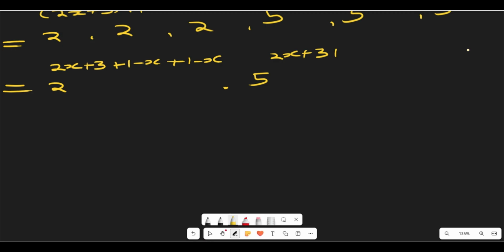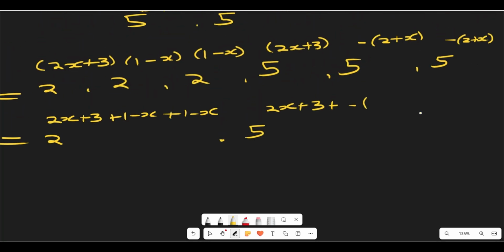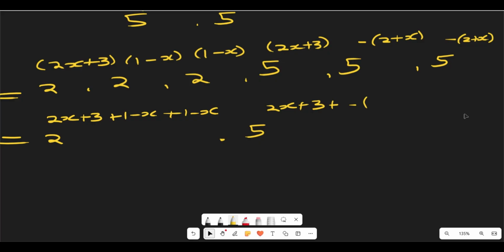Even when it can take a long time, the fact is that people understood. Because we're adding the indices, 2 plus x, right? 2 plus x plus negative what?